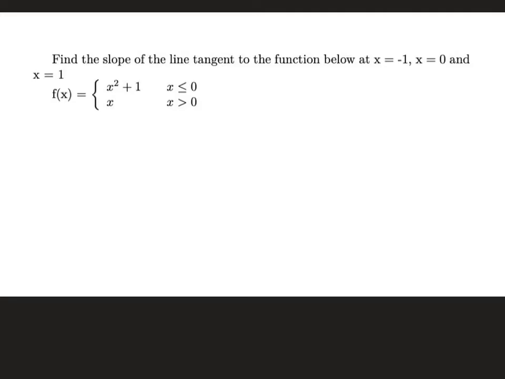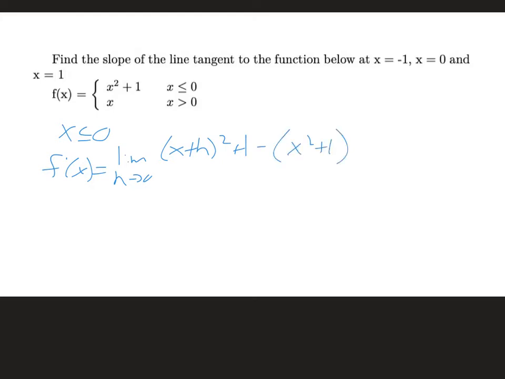So we'll say for x less than or equal to 0, f prime of x should be the limit as h approaches 0 of (x plus h) squared plus 1 minus (x squared plus 1), all over h. So we're just going to do this using the definition of the derivative here.